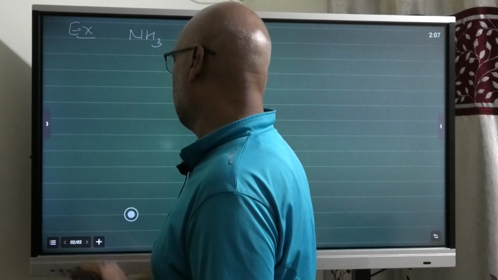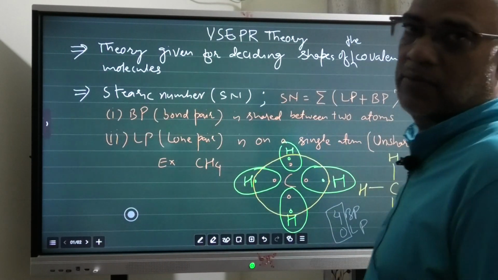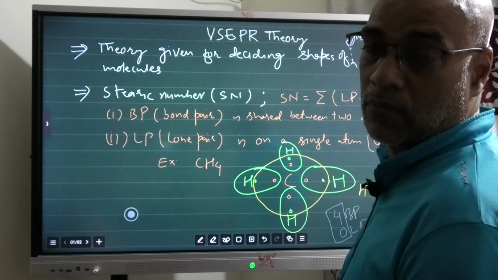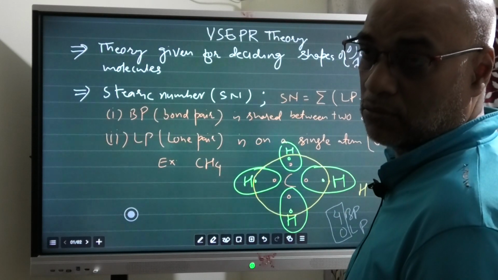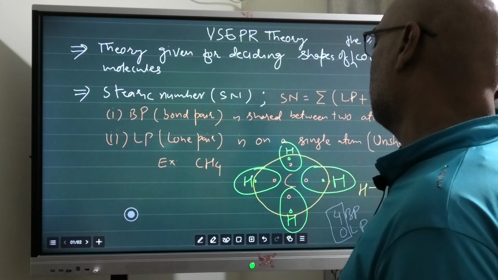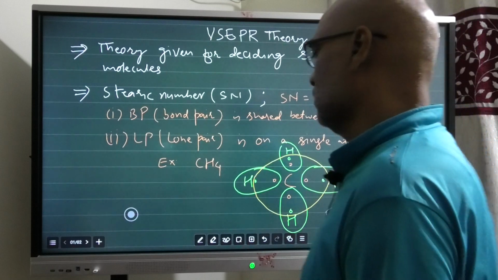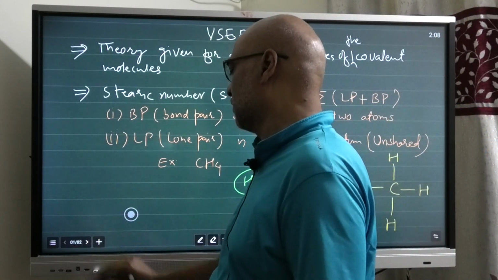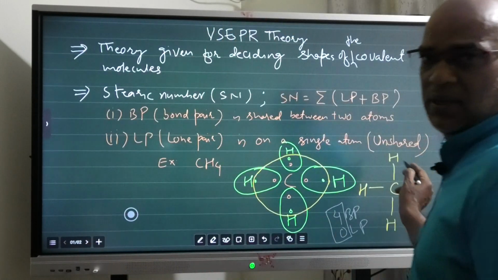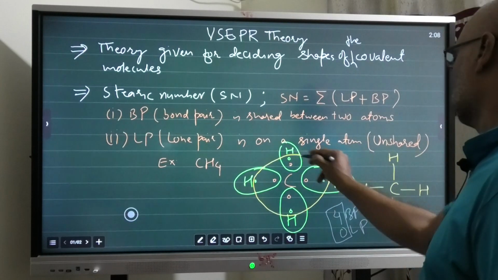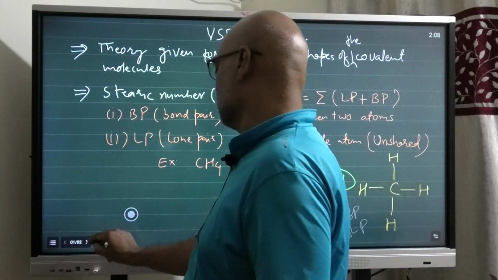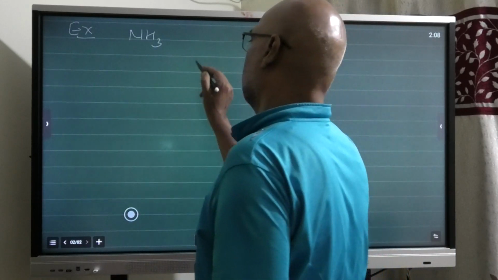Previously I had not introduced you to the term central atom; we only saw how carbon shares its electrons to complete the octet and make bonds. What is the central atom? I think the sharing is clear to everybody, and how we count bond pair and lone pair.